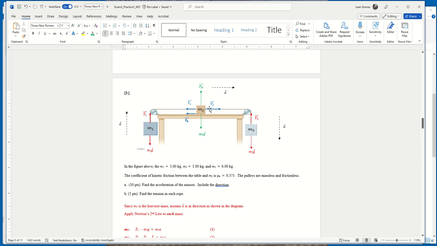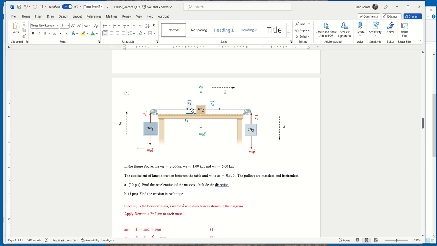Now let's look at here. There's a string that connects M2 to M3. So the tension in the left string cannot be the same as the tension in the right string, because in this case the mass separates them.